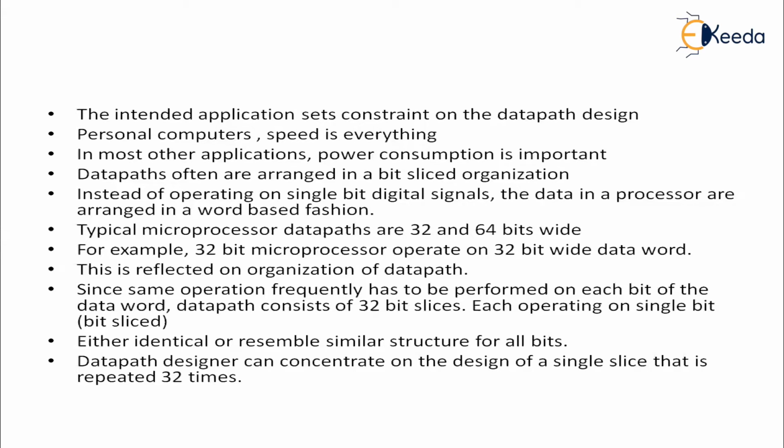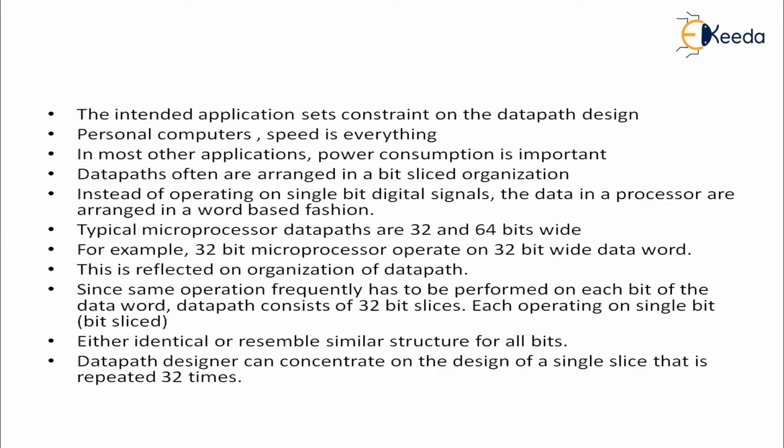So this is reflected in the organization of the data path. If I'm saying it is a 32-bit processor, it means I will be having a 32-bit data word, and that will be reflected in the organization of the data path. I said my organization is bit sliced, since the same operation frequently has to be performed on each bit of the data word. I'm having 32 bits, so we are not processing on single bit data, we are processing on the complete word.